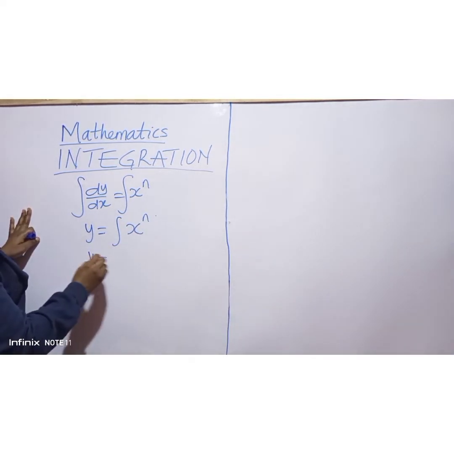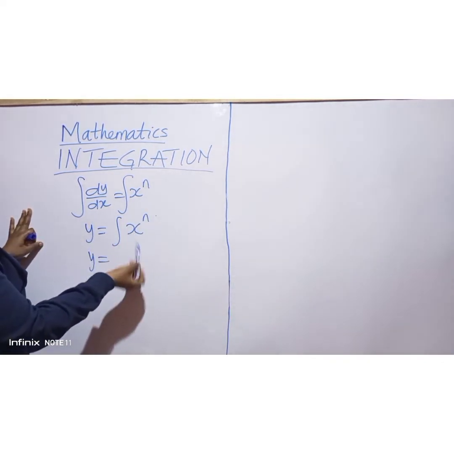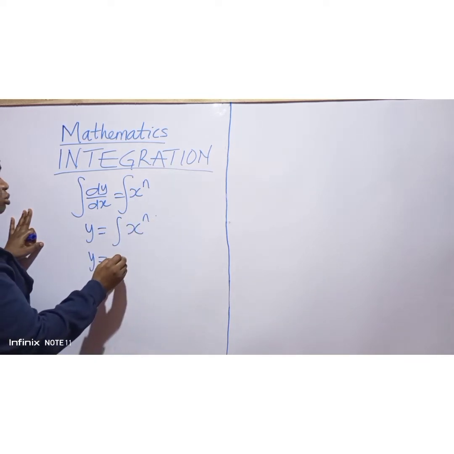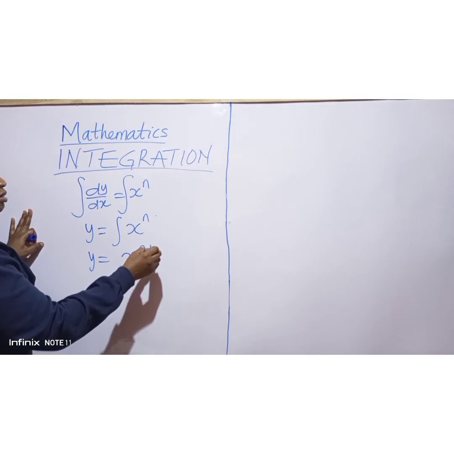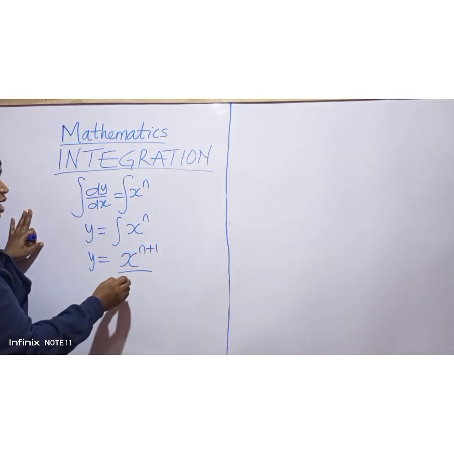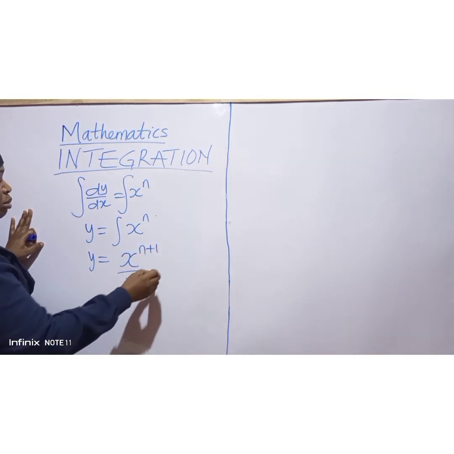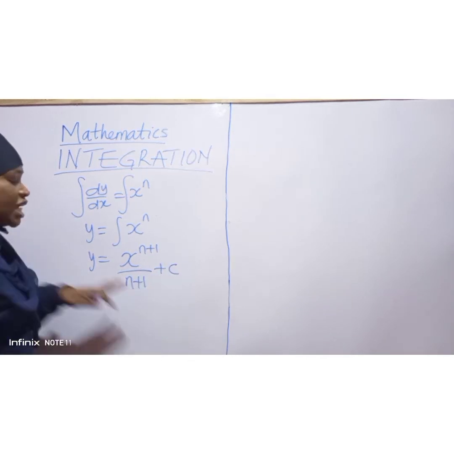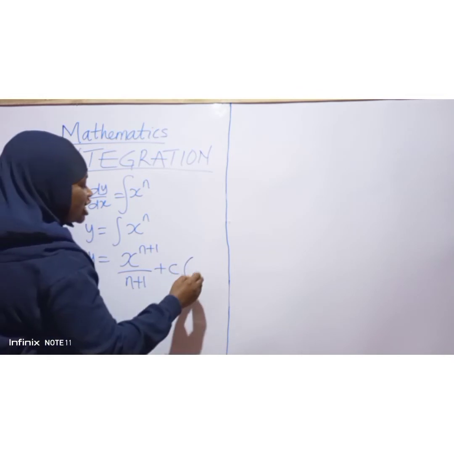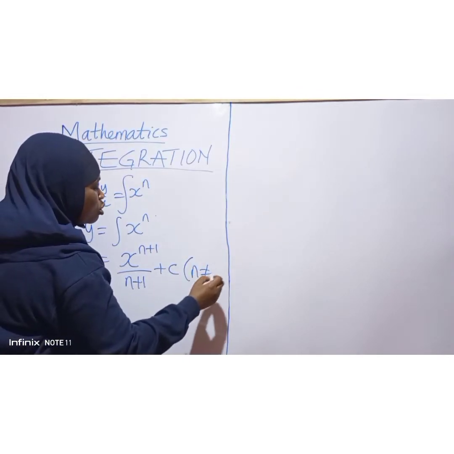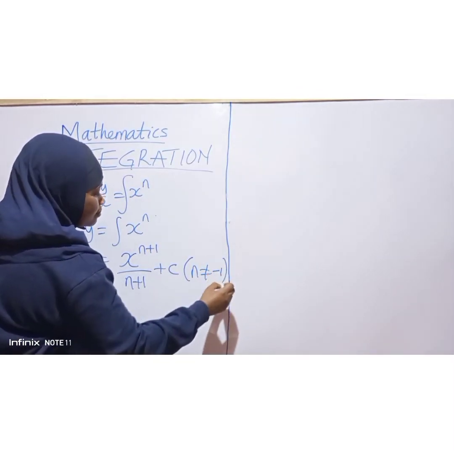If I integrate this one, I said earlier that it becomes x raised to the power of n plus 1 divided by n plus 1 plus c. But it has a condition. The condition is that n must not be equal to minus 1.